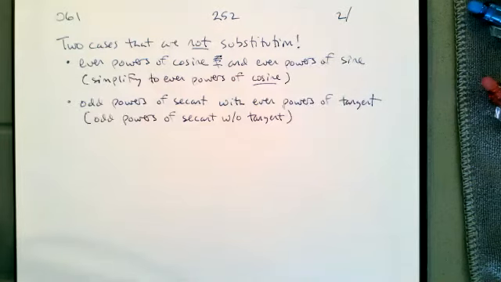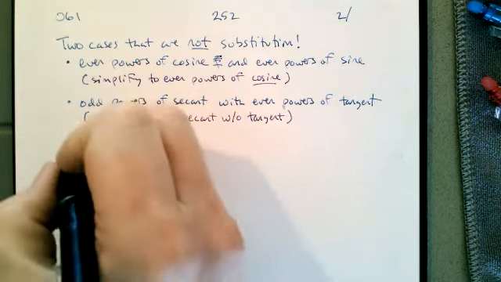So we're going to simplify even powers of cosine and even powers of sine to just even powers of cosine. If we can deal with even powers of cosine, then the even powers of sine will just become even powers of cosine. If we have odd powers of secant and even powers of tangent, we're going to write that as odd powers of secant.